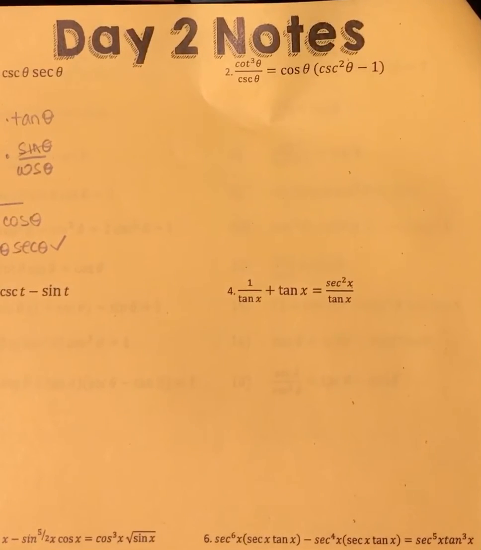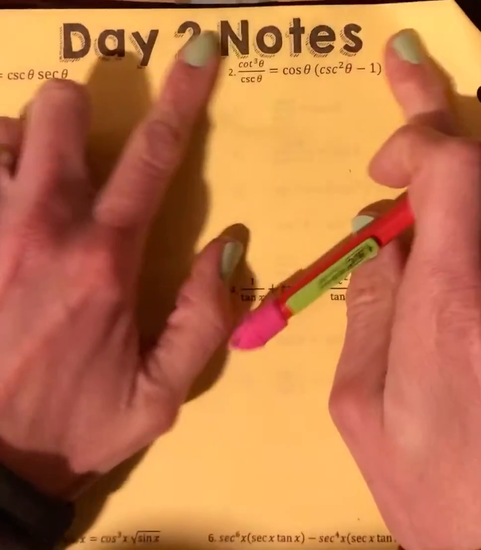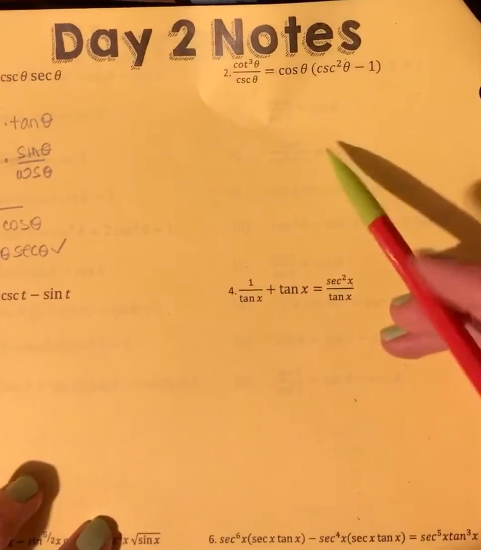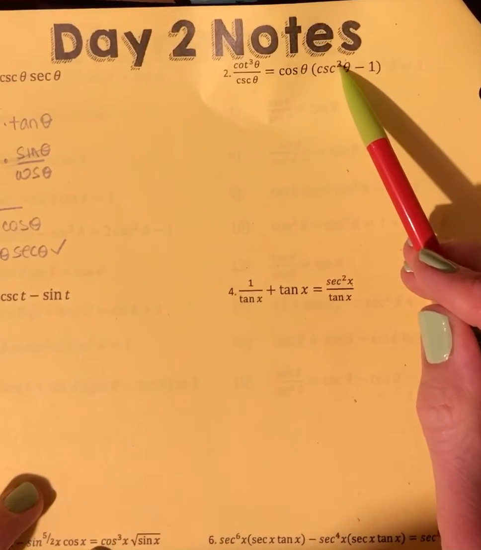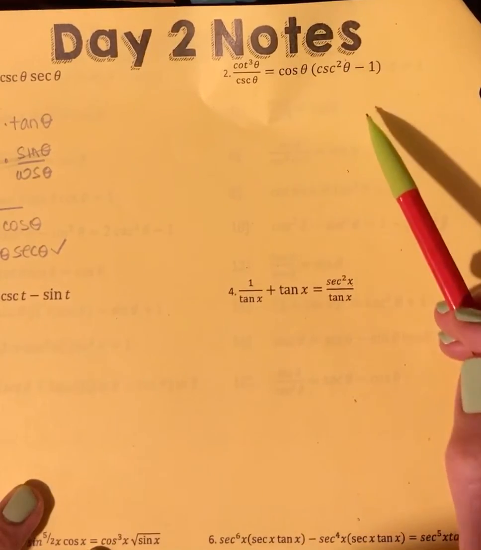Number 2 was a bit more complicated. I'm going to work on the left side for this one and see what I can get. So I am looking for cosine theta times cosecant squared theta minus 1.